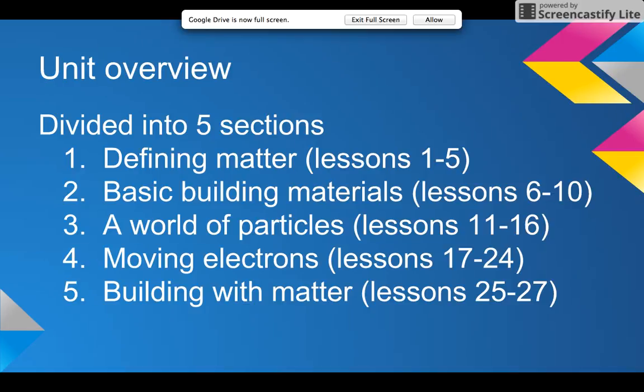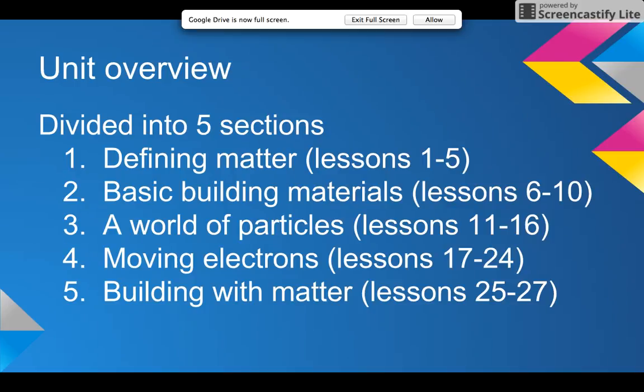The first section is the first 5 lessons, and it's about defining matter. The second set of lessons, 6 through 10, are about basic building materials. In section 3, we begin to discuss particles. So we're talking about protons, neutrons, etc. in the atom, and those are lessons 11 through 16.